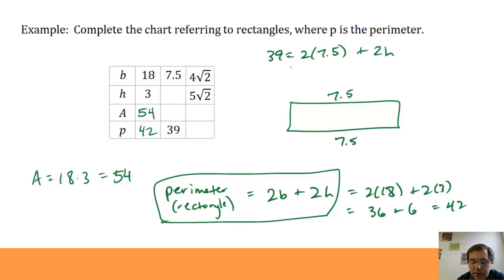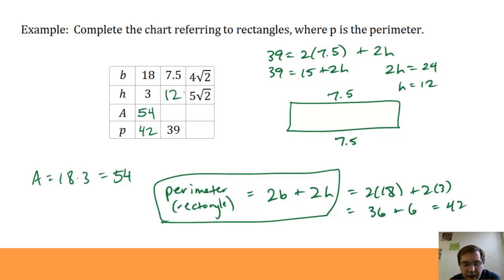Well, 2 times 7.5 is 15. I subtract 15 from both sides, then I'll have 2h equals 39 minus 15, which is 24. So h is 12. So that's the way I figure out the height if I know the base and the perimeter.